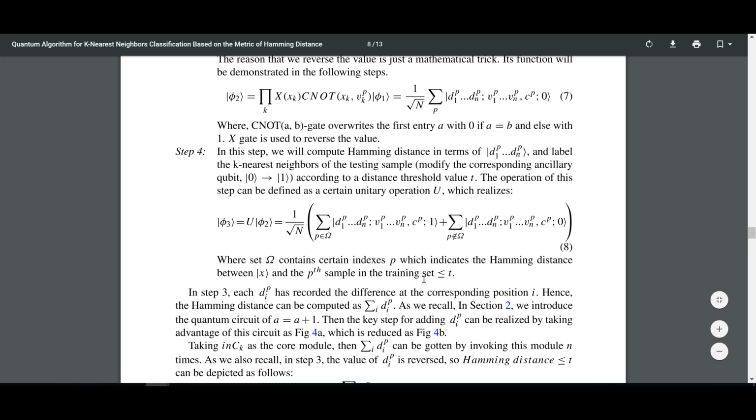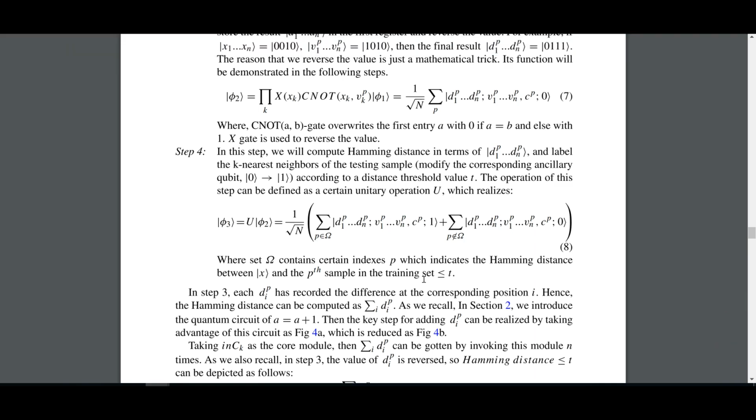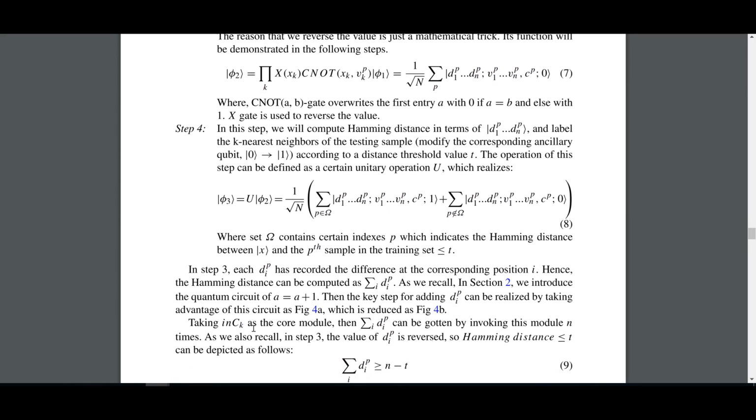Examine distance between x. In step 3 is record the difference in the corresponding position i. Hence the Hamming distance can be computed as the sum of these. As we recall, in section 2 we introduced a quantum circuit of A equals A plus 1. Then the key step for adding D can be realized by taking advantage of the circuit in figure 4, which is reduced as figure 4b.